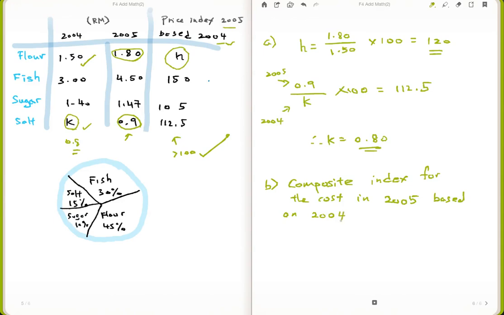Okay, interesting, isn't it? Based on 2005 and 2004. So how are you going to do that?